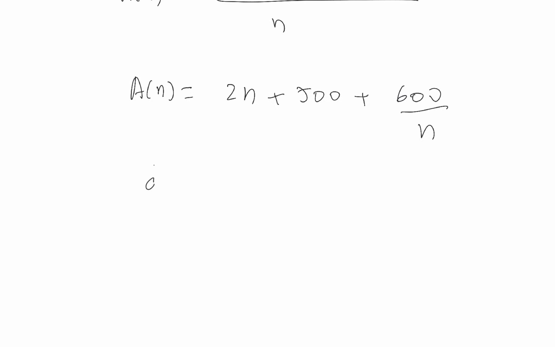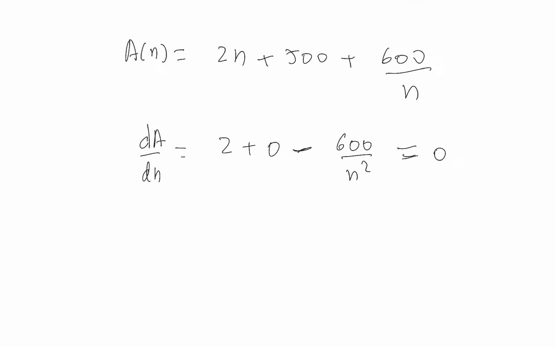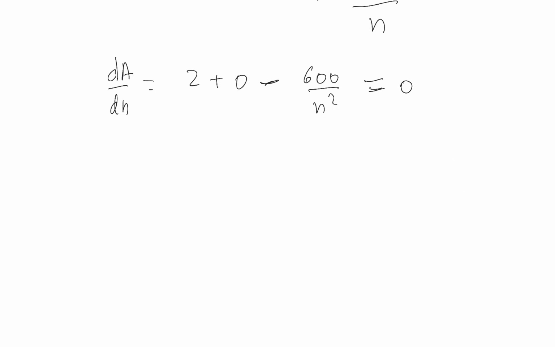So the derivative of A with respect to n will be 2 plus 0 minus 600 divided by n squared. I want this expression to be 0 to find the maximum or the minimum. In this case, I want to find the minimum average.